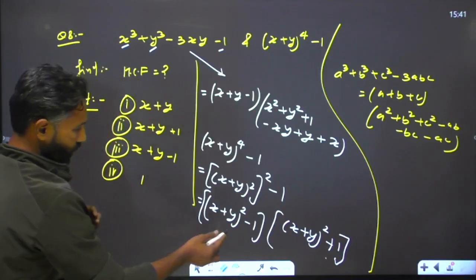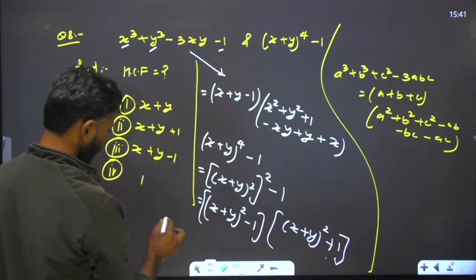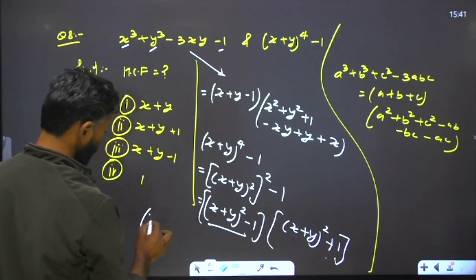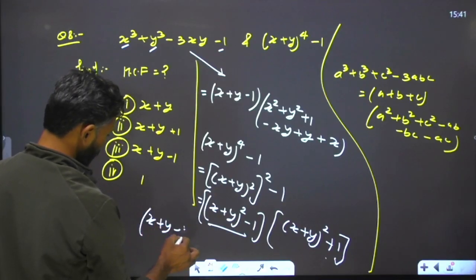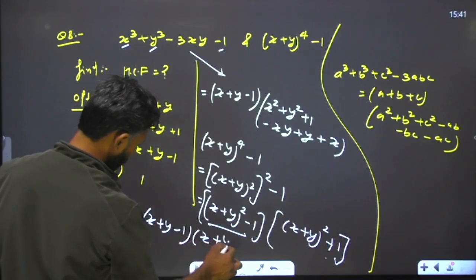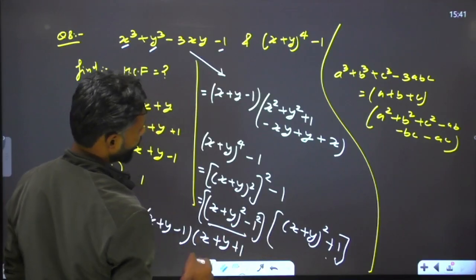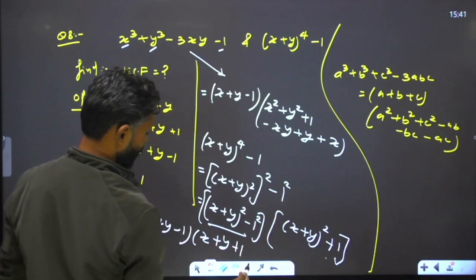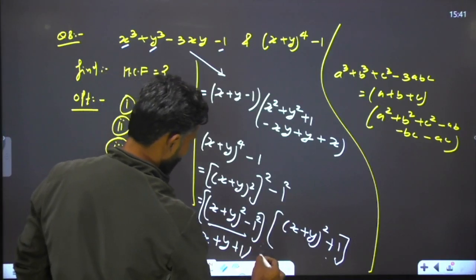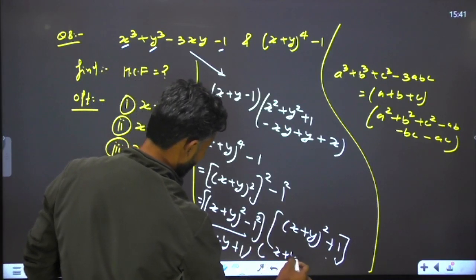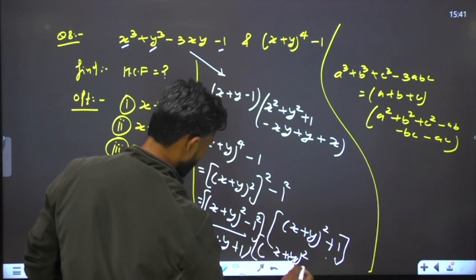Now this first portion can be written as x plus y minus 1 into x plus y plus 1, again applying the formula a square minus b square, because it can be written as 1 square. The other one stays the same, (x plus y) whole square plus 1.